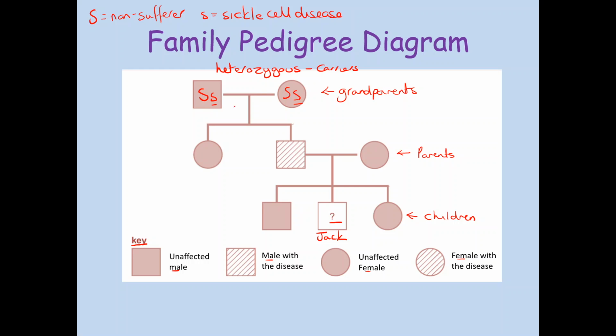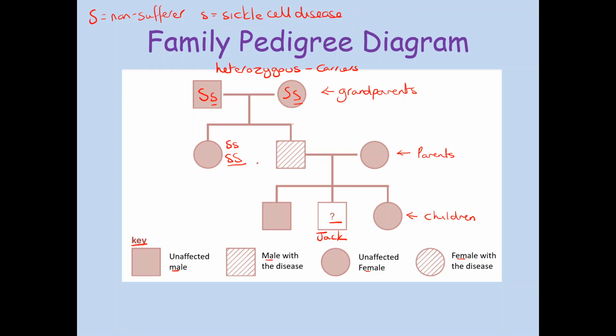Now, when the grandparents, okay, so granddad and grandma here, when they had children, they had an unaffected female. Okay, so the unaffected female could be genotype the same as them, a carrier, or they could be homozygous dominant there with the two dominant alleles being passed on.